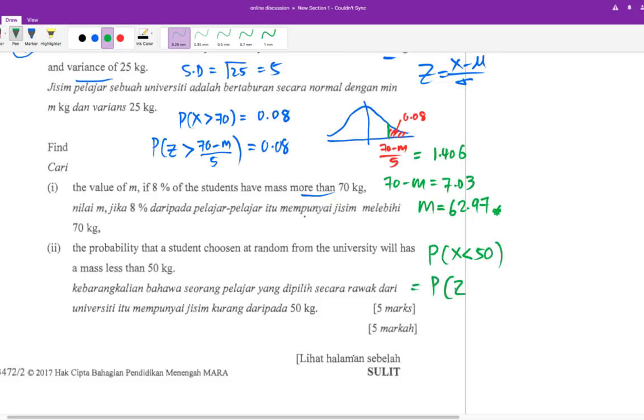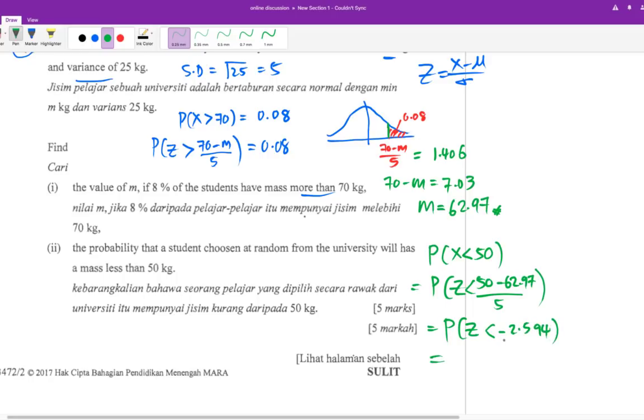I will change to Z: 50 minus the mean, 62.97, over the standard deviation, which is 5. I will get a negative value, I guess. So 50 minus 62.97 divided by 5, I will get less than negative 2.594.